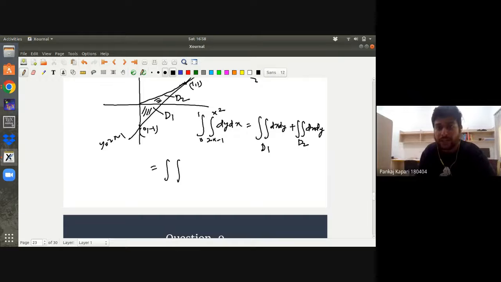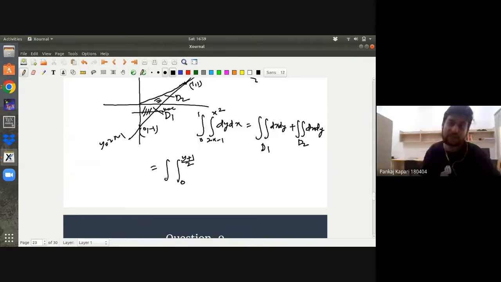Note that in d1, when you fix y equal to constant, or let's say this is our line y equal to constant, in the region d1, because y is constant, x varies from x equal to 0 to this line, which is y plus 1 divided by 2.